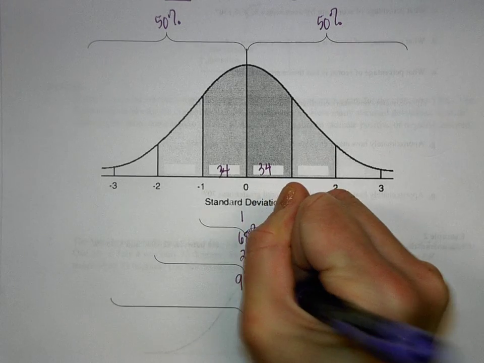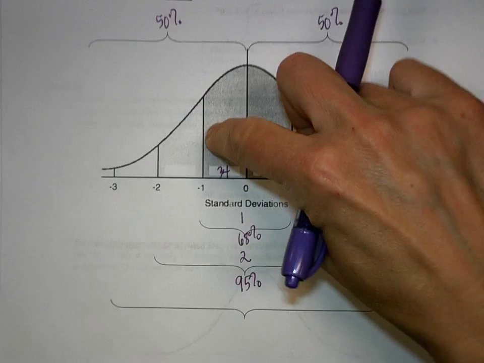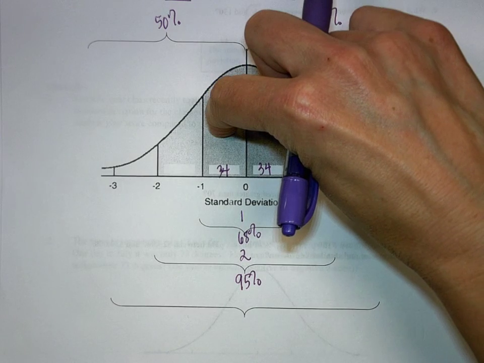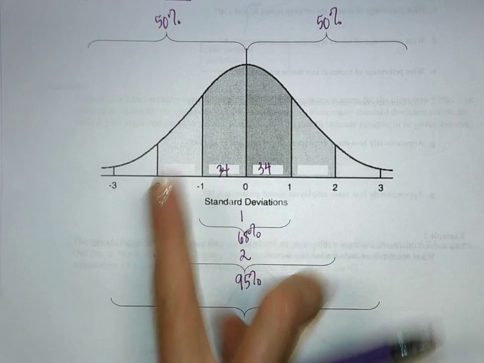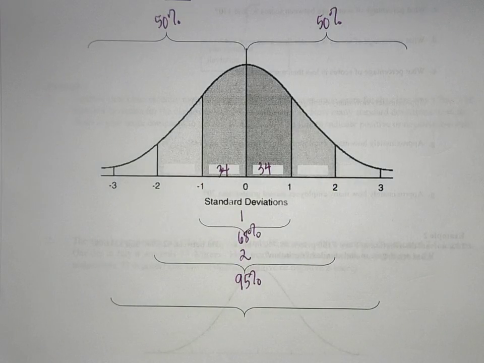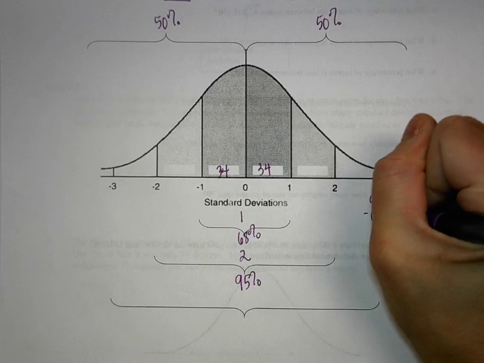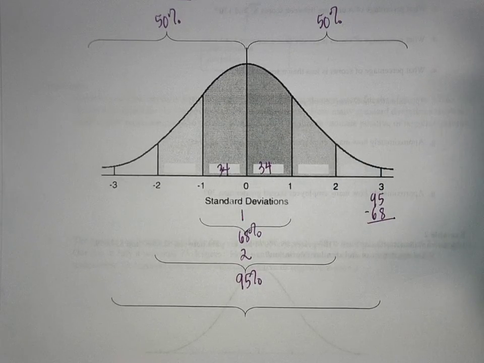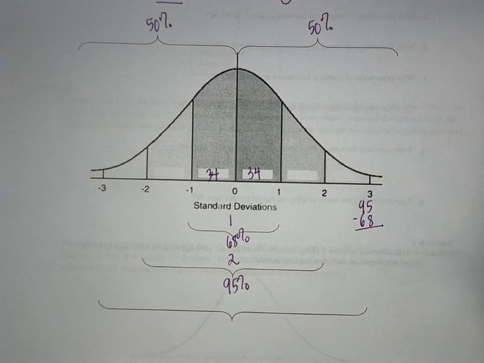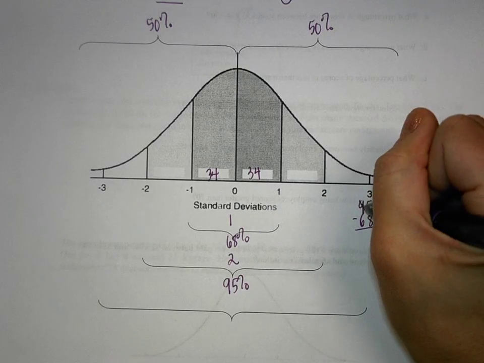Okay, then they say that 2 standard deviations is how much? 95%. Okay, so we already know that this is 68%, correct? So how could I figure out how much these pieces right here are? What would we do? Very good. So I'm going to take 95 minus 68, which is how much? Okay, we have to borrow.